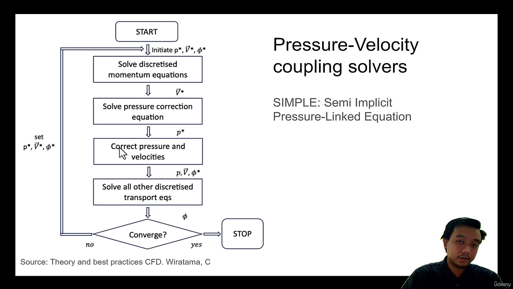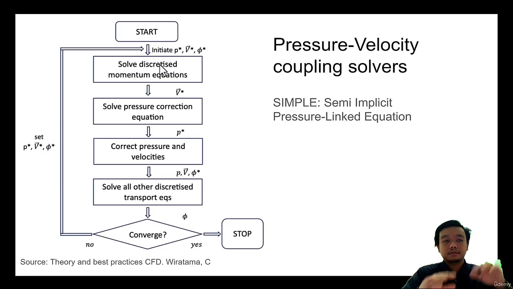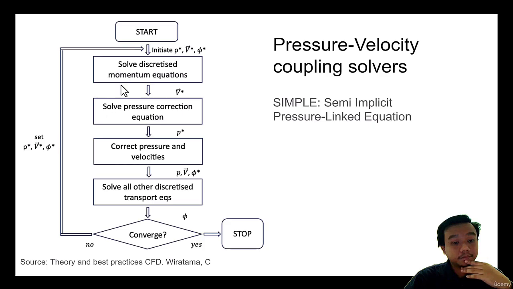The other solvers, like PIMPLE, PISO, and maybe the coupled solver, will have slightly different flowcharts, which you get the idea how it works generally, but we don't have to discuss all of that here.